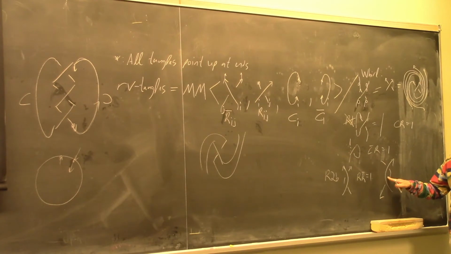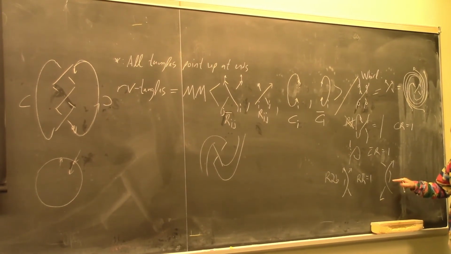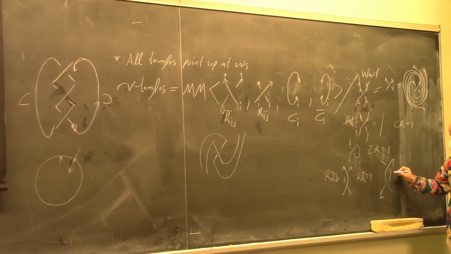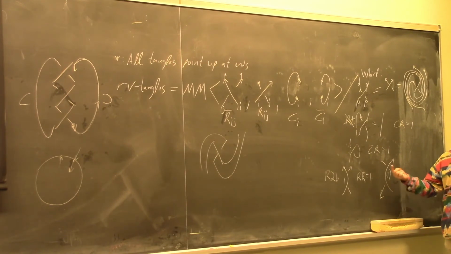I don't know how to impose this relation, because this is the relation in which the bigon in the middle is cyclically oriented, and it appears to be not in our language because the crossings are not oriented up. Okay, so how do you write it in our language?